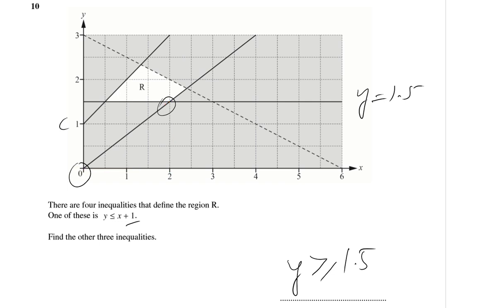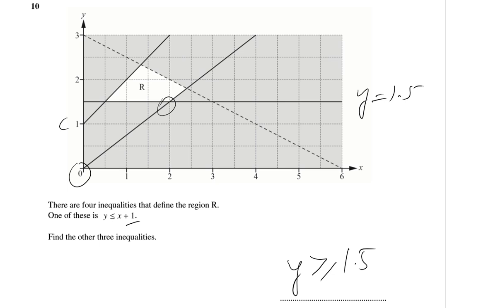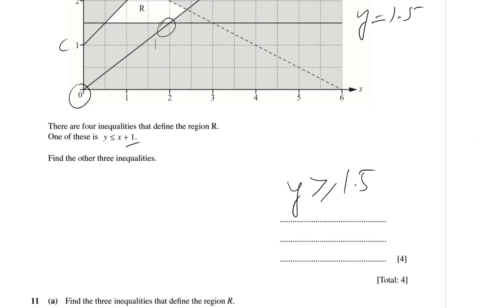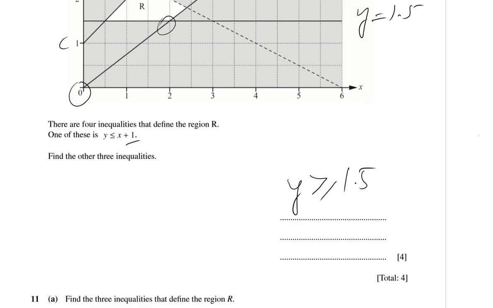So 1.5 over 2, or 3 by 2 divided by 2, it will be 3 by 2 multiplied by 1 by 2. So 3 over 4 would be the gradient, and its y-intercept is 0, and region is on the greater side. So inequality would be y is greater than or equal to 3 by 4 x.